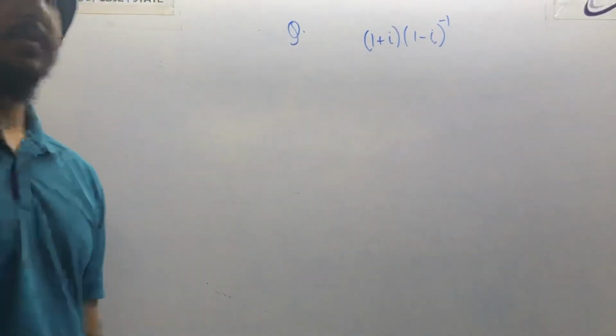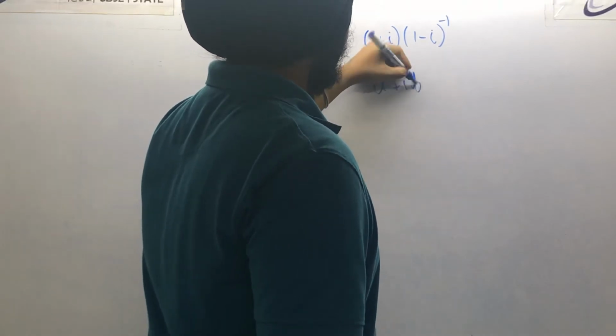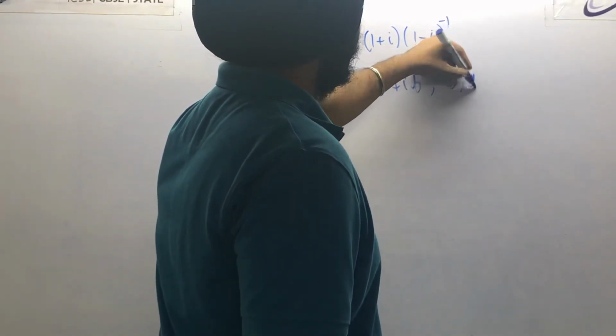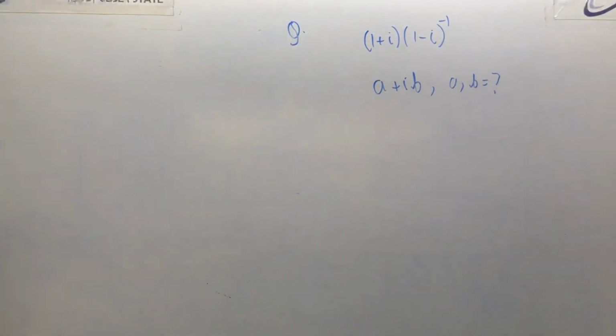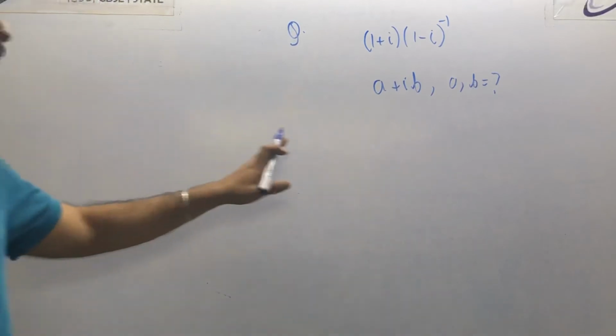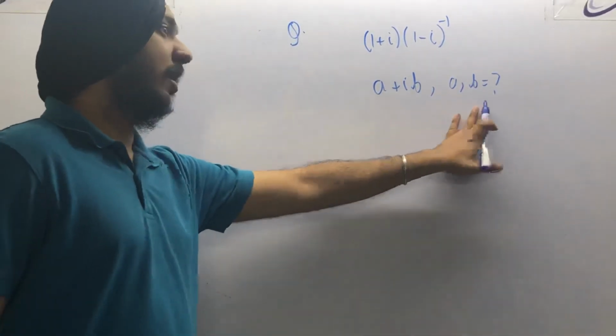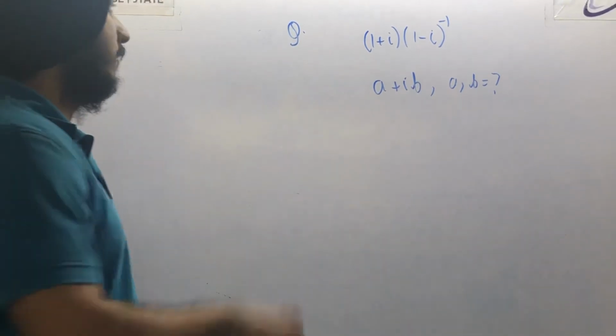What we have to do is convert it into the general form a plus iota b and find the value of a and b. Now all the questions that we are going to do from here on will be in this form only. I mean 2-3 more we will do in this only. We have to convert it into a plus iota b form and find the values of a and b. Okay, so how will you proceed in this question?